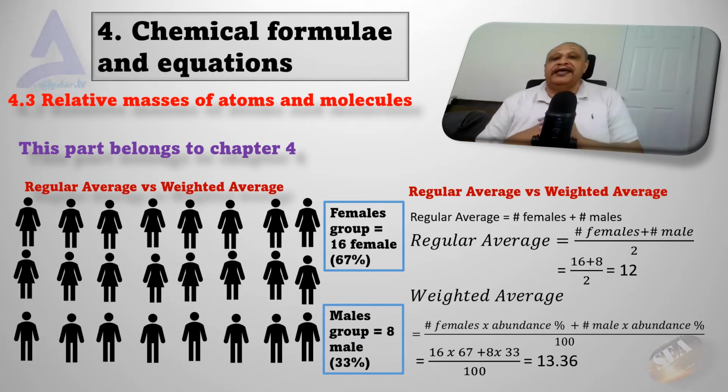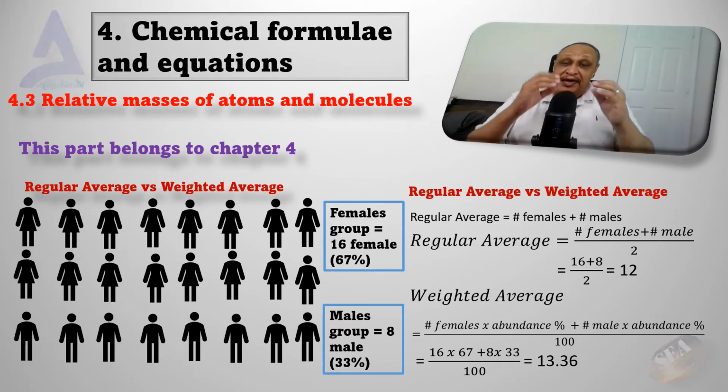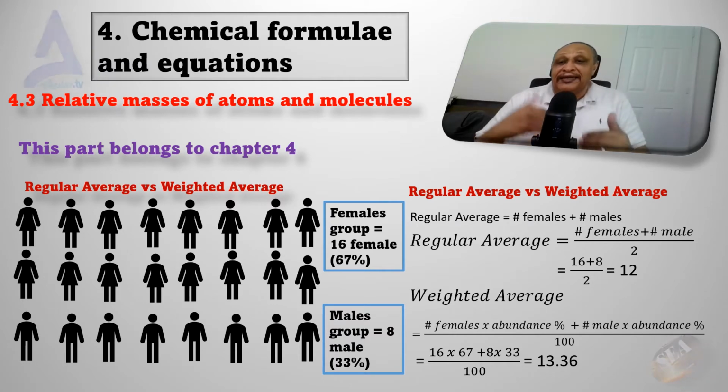Correct. If we would like to get the regular mean, the arithmetic mean or arithmetic average, we just add both of them together, 16 plus 8, and we have only two categories, so we divide by 2, and this will give us a mean of 12.